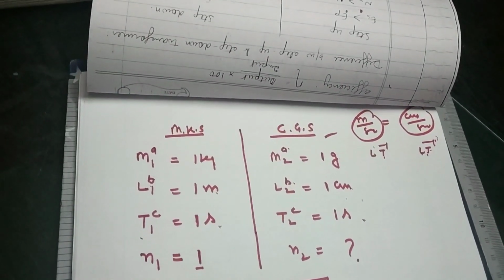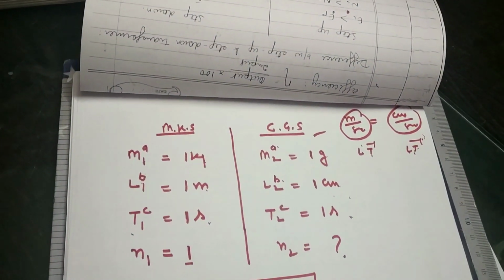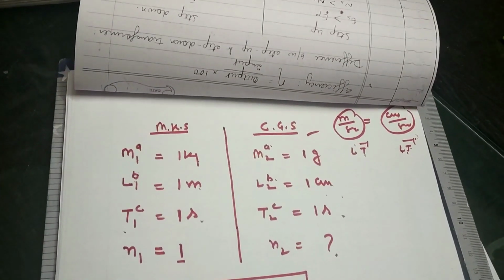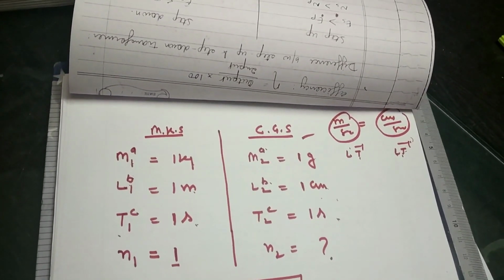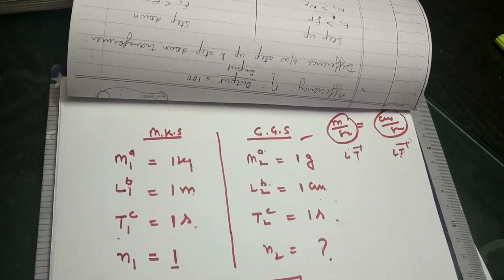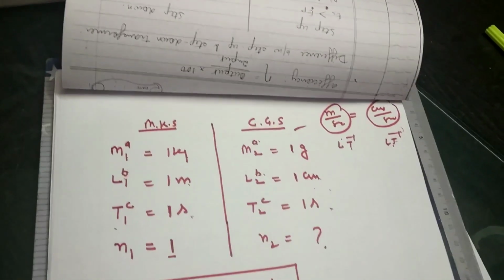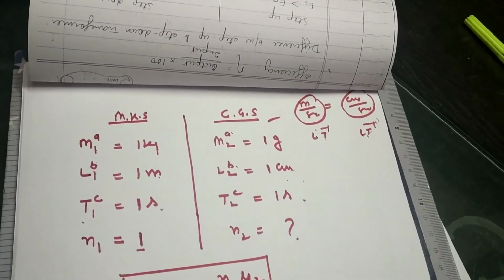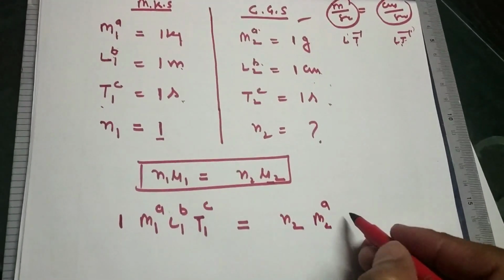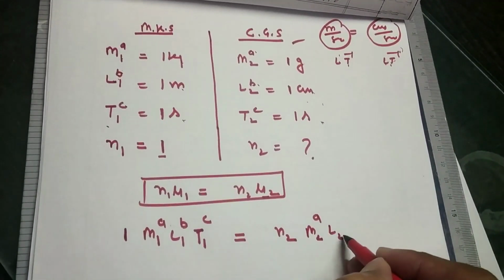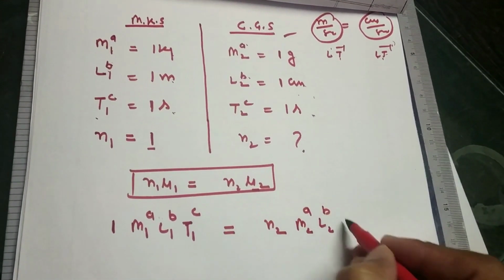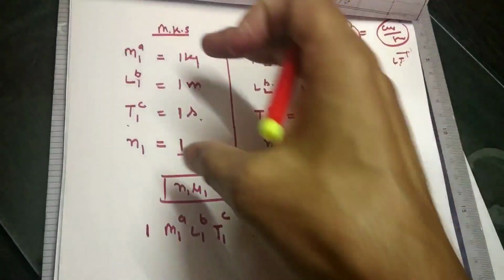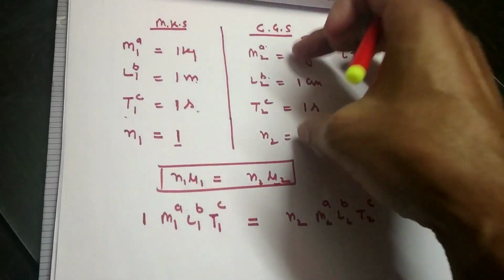So we can write N1 M1^a L1^b T1^c equals N2 M2^a L2^b T2^c. We multiply all things equals multiply all these things.